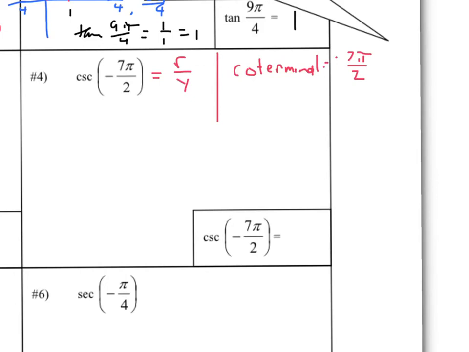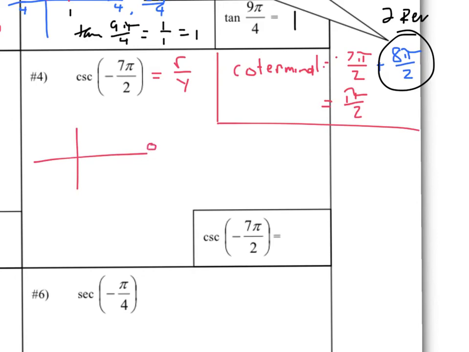I'm going to add several revolutions to this. I'm going to add to this 8 pi over 2. That's 2 complete revolutions that I'm adding. If I add 2 revolutions to this, I'm going to end up with 1 pi over 2, which is between 0 and 2 pi.